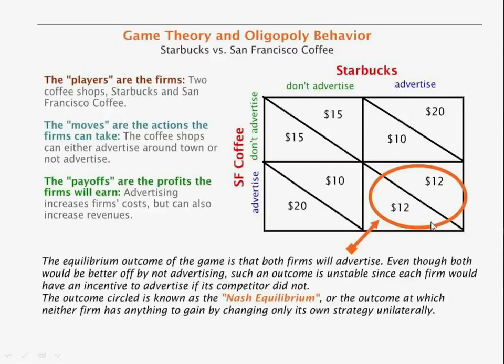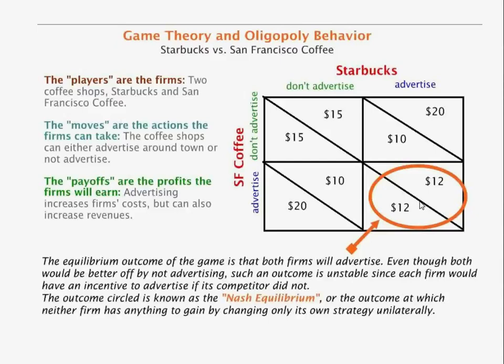So for both players, the best response to each other's strategy will be to advertise and thereby get $12 of profit. This particular outcome is also known as Nash equilibrium, where one player is choosing an action assuming the other player is doing his best, and the same thing is repeated by the other player.